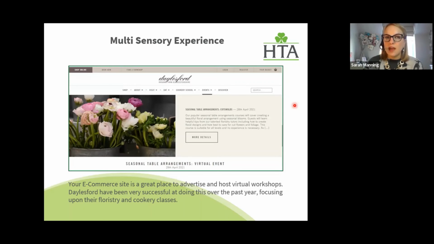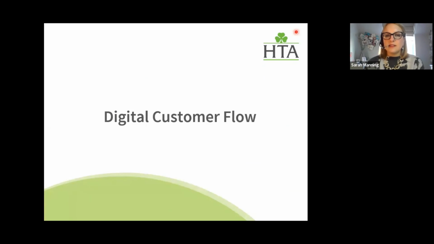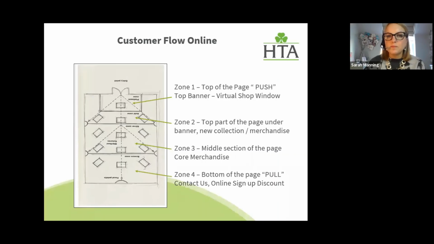So if you want to have a look at that for inspiration, all of that's also a great example of an HTA member who is implementing that online and creating this kind of online multi-sensory experience. So let's take us over to the next page to have a look at how this works online.